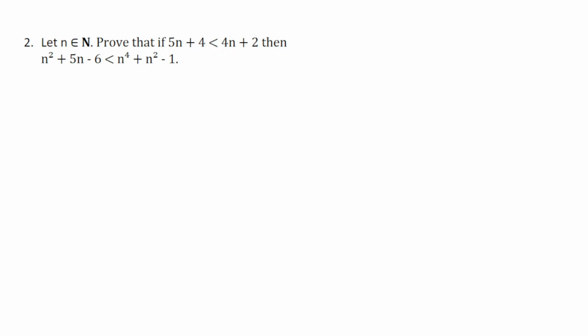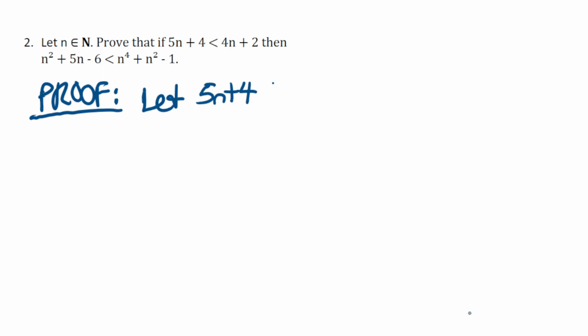Well, let's take a look at the first statement, the statement that's the implier. So let's let 5n plus 4 be less than 4n plus 2, where n is a natural number.